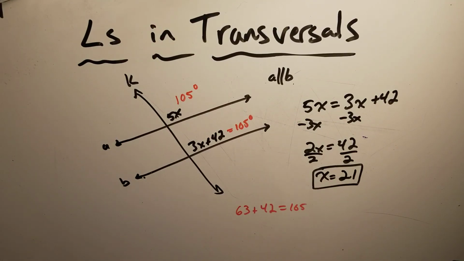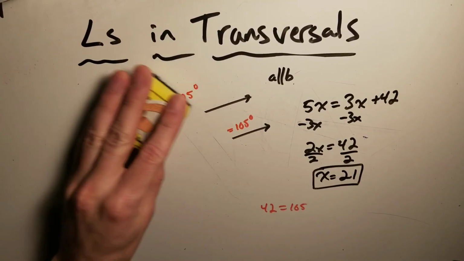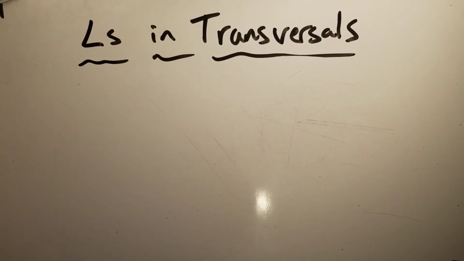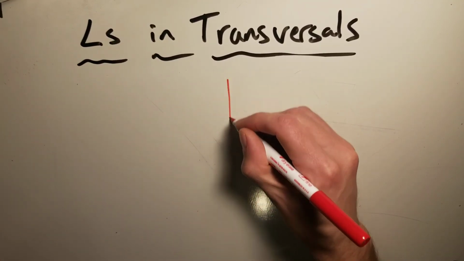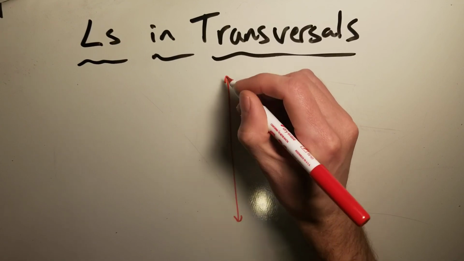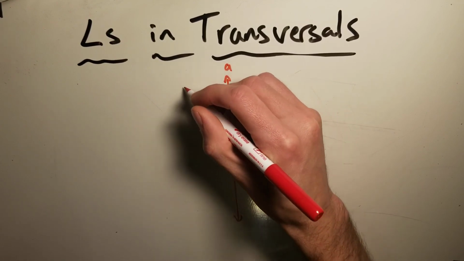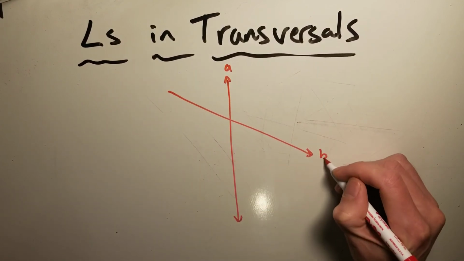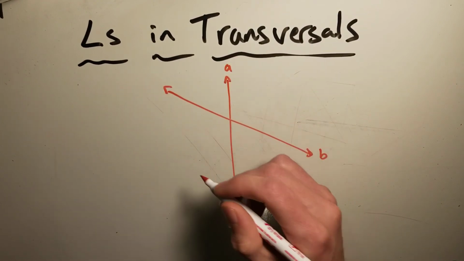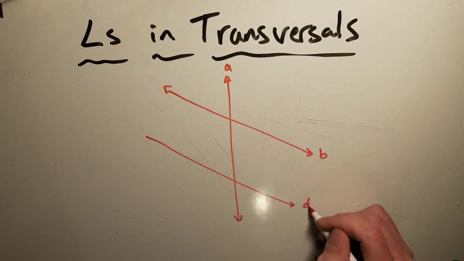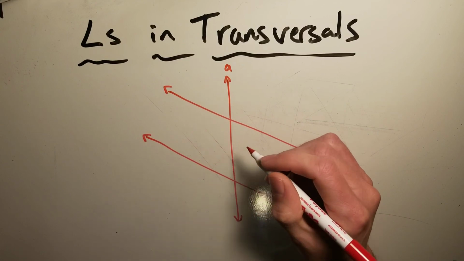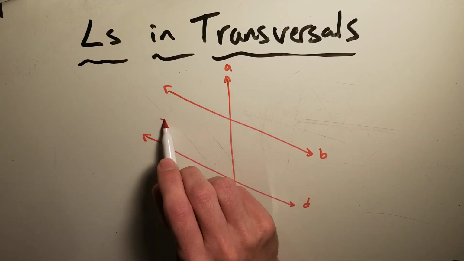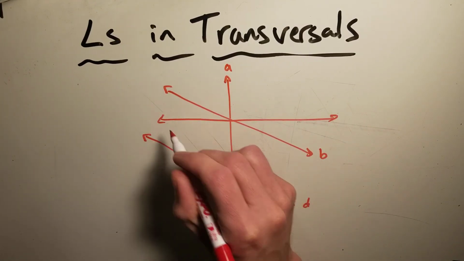And our last one is this little green one in the bottom right. So the green one we have, let's see, draw it nice and big. We have line A, we have line B, we have line D, and we have line C going right here.